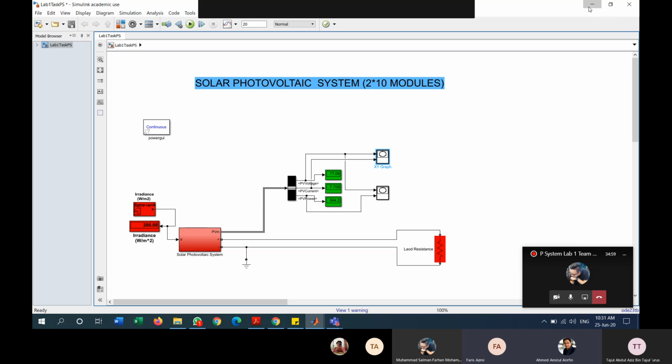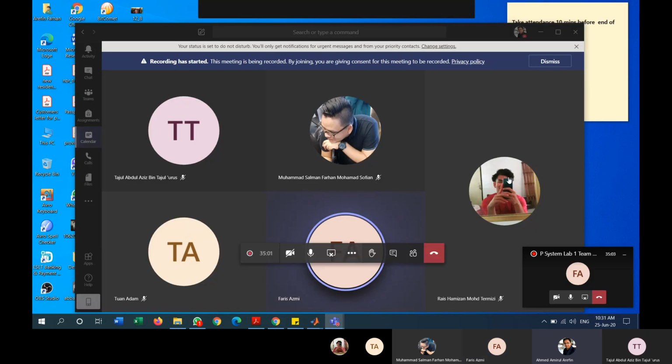There are two graphs. Is it Faris Azmi? Yes, that is me. Okay, can you share the screen to us so that we can see your curves here? I'm stopping from my side. Kindly share so that we can see how the curves look like.